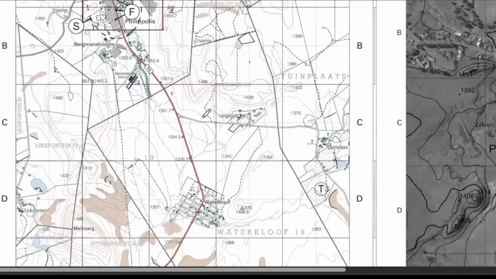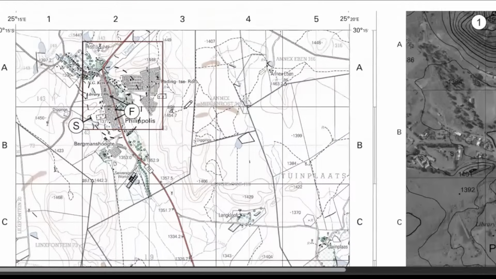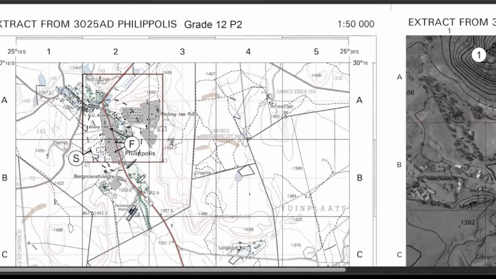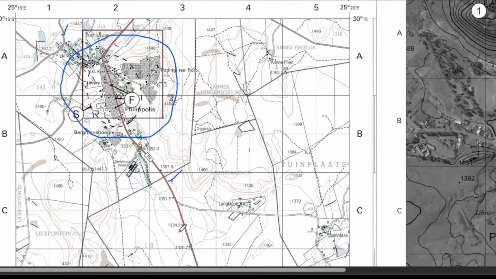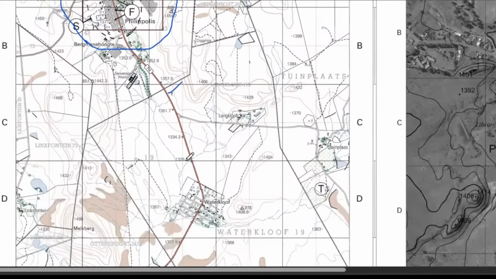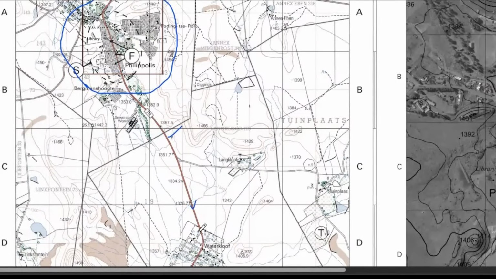If there were no transport links, the sphere of influence would just be the close surrounding area of Philippolis. But now, because we have these routes and also this major route here, people from as far as here can travel to Philippolis to get goods and services.